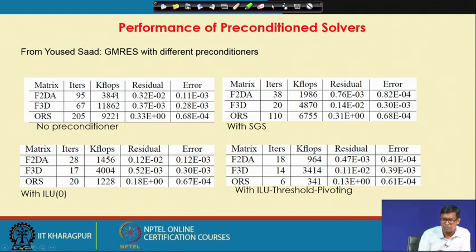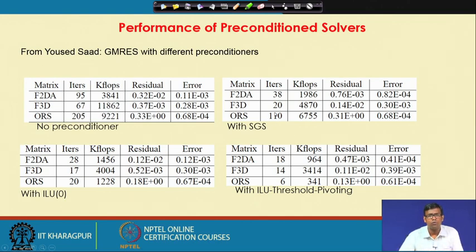The kiloflops performance is almost half of that, while maintaining residual and error of almost the same order, a little smaller here even with SGS. Similarly, for F3D the number of iterations goes from 67 to 20 to get a similar order of convergence. For ORS, from 205 it reduces to 110.